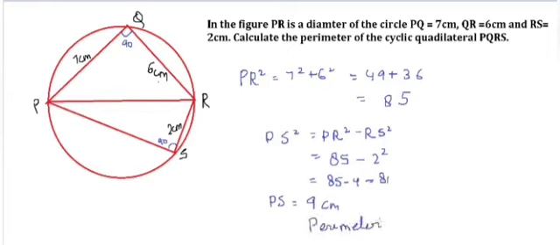Perimeter is going to be 7 plus 6 plus 2 plus 9 centimeters. Now adding this, 7 plus 6 is 13, 14, 15, and this is 24 centimeters.